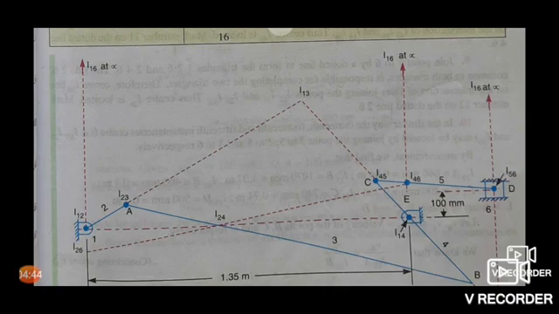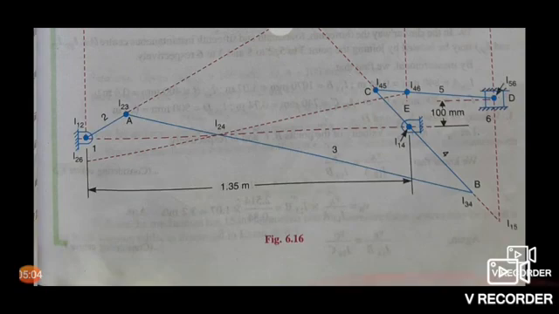At point E, this is also a vertical line, the red line, I16 also at infinite distance. So this is the diagram created of different instantaneous centers.